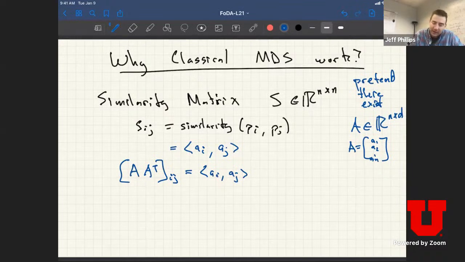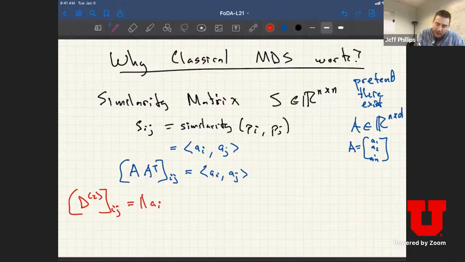But instead what I have is this squared distance matrix, where entry ij is instead more like the norm of A_i minus A_j, squared. Let's say I wanted to use the Euclidean distance in this d-dimensional space I don't have, but I have this instead.